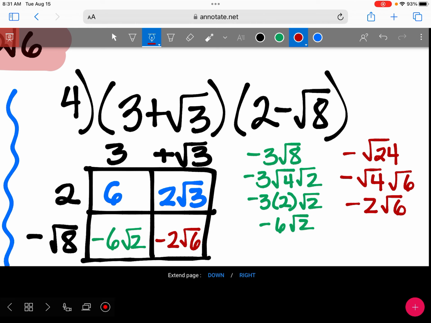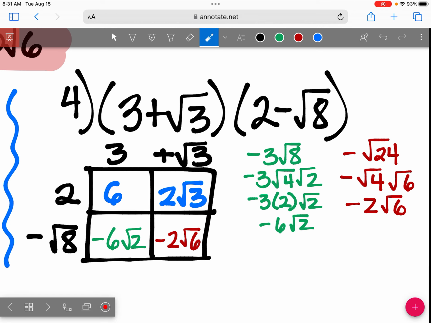So now we're ready to write our answer. And what I want to make sure you understand is that none of these are like terms, because all of these square roots have different numbers. That's the square root of 3, that's the square root of 6, and that's the square root of 2. So I can't add any of these together. So my answer will have 4 terms.